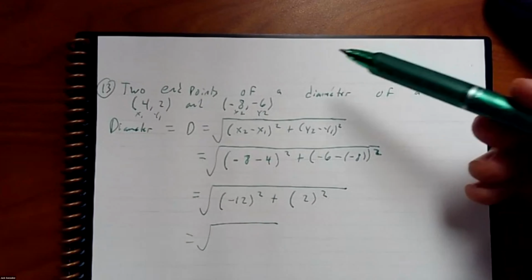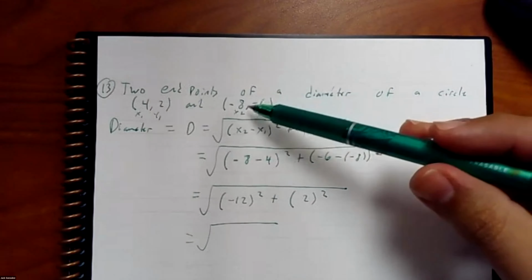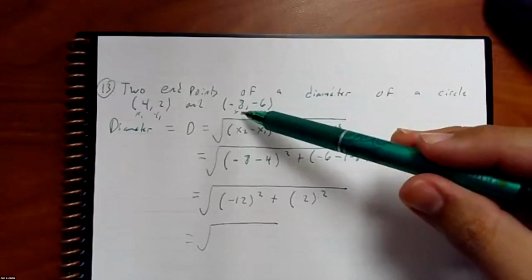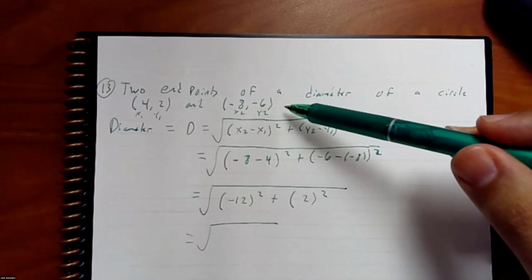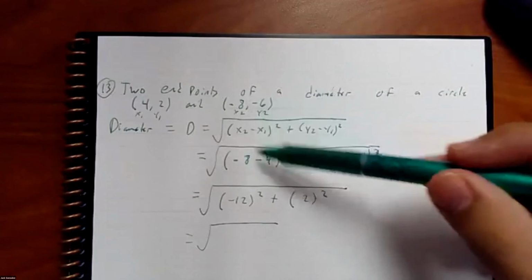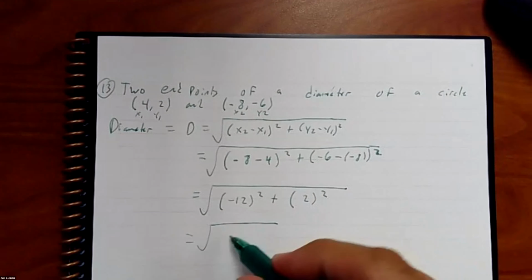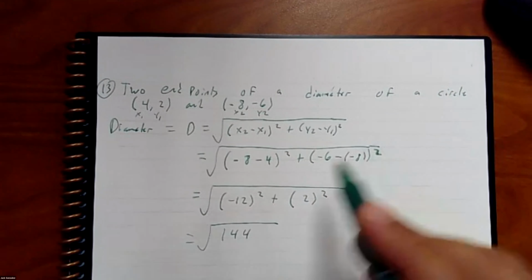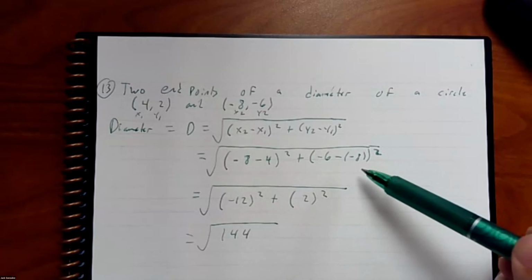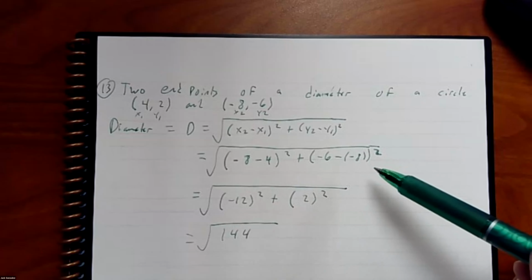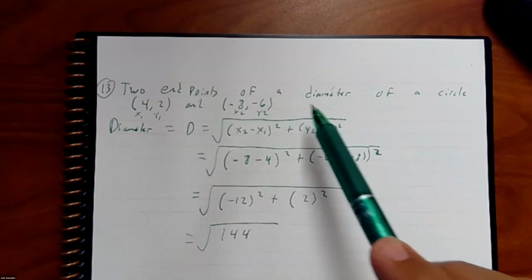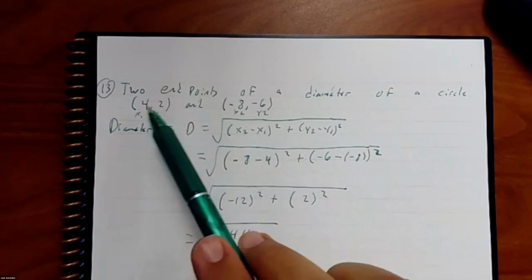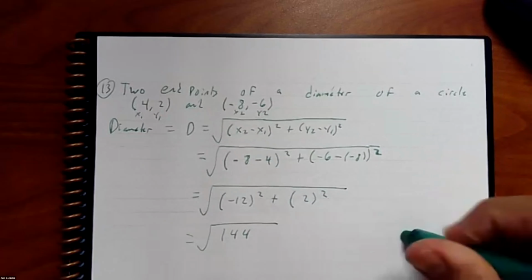Double check everything. Here's my mistake. It should be -6 minus 2, right? I put 8 twice.